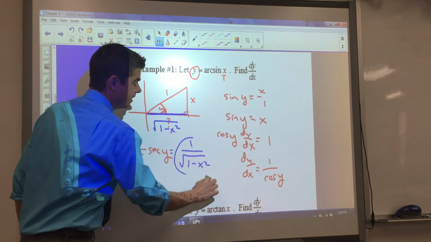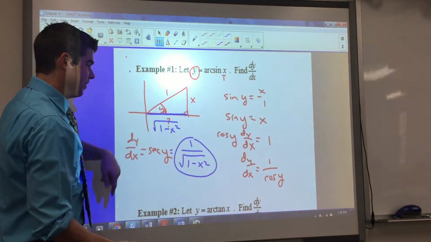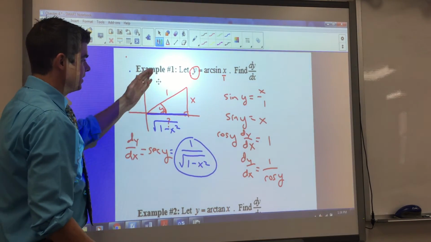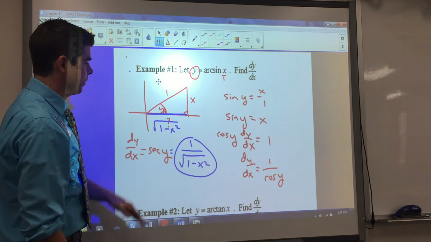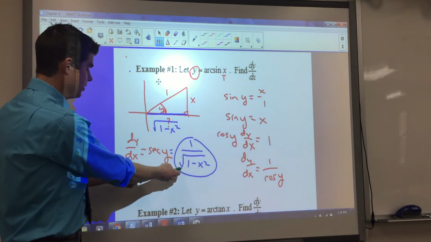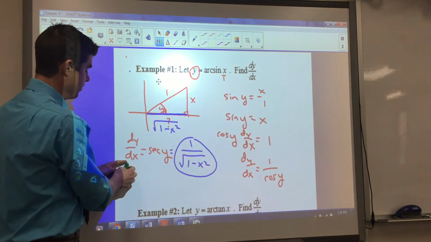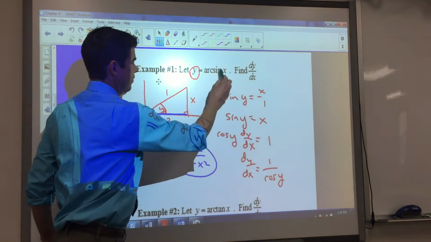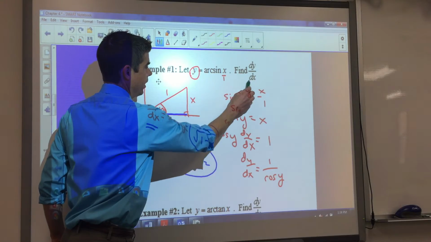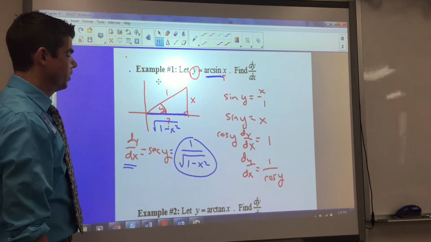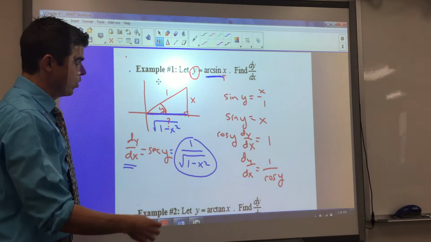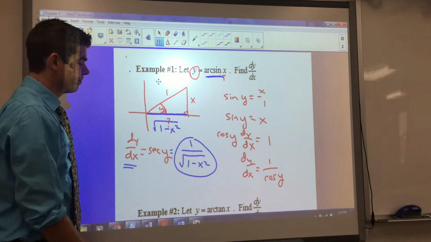And I know I said that incorrectly throughout the video: secant is hypotenuse over adjacent, and cosine would be the adjacent over hypotenuse. But there it is. There's our derivative, because remember, we're trying to find dy dx, the derivative of arc sine, which is equal to 1 over the square root of 1 minus x squared.